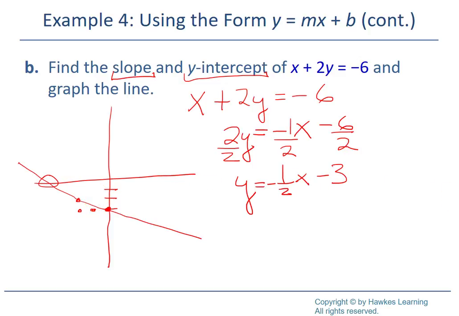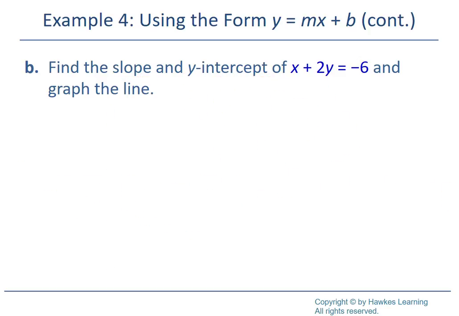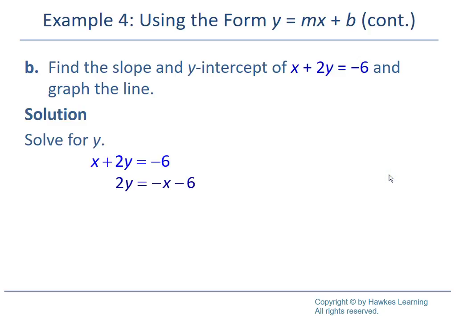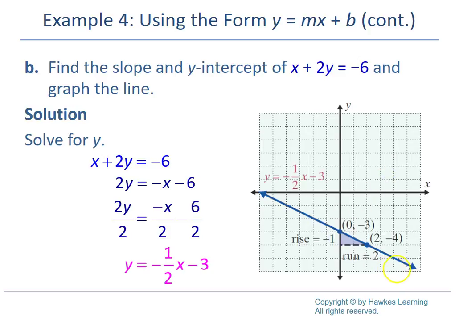All right, let's see what this looks like here. They do a nice job. Again, solve it for y, and there we have it. Now we're going to plot a negative 3 on the y-axis. That's your y-intercept.